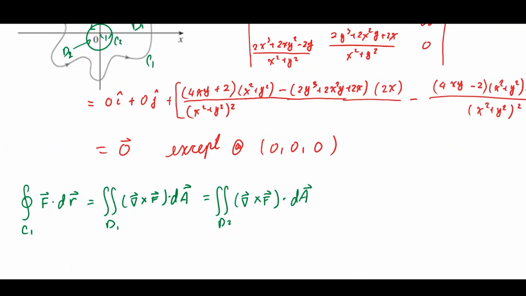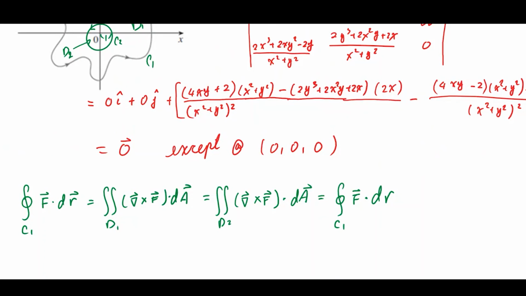With me so far? As we computed here, the curl is 0 everywhere except the origin. So only the swirling is happening right there. So yes. Now we use Stokes' theorem to convert this back into f dot dr. So far with me?